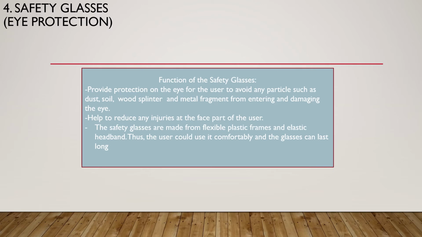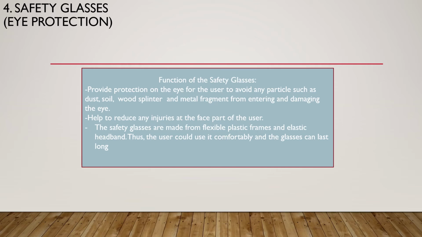So for the next one is safety glasses, which is considered as eye protection. So the function of the safety glasses is to provide protection on the eye for the user to avoid any particles such as dust, soil, wood splinter and metal fragment from entering and damaging the eye, causing disturbance for the user's eyesight.